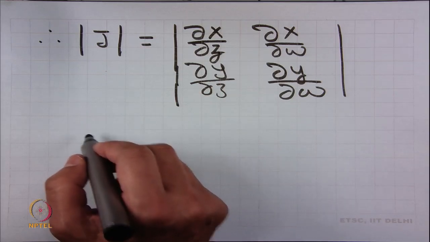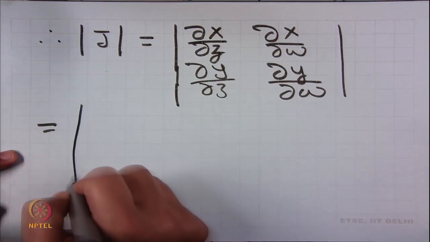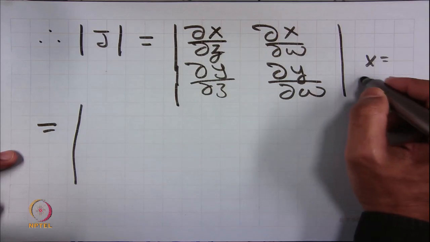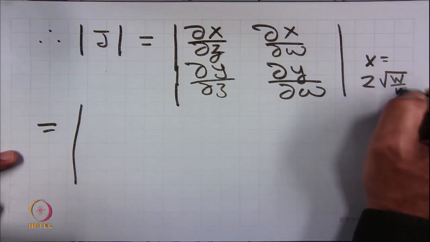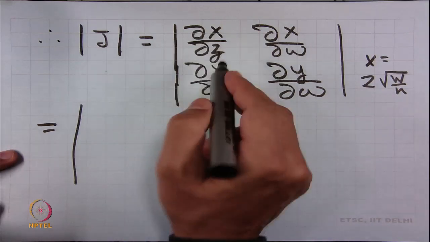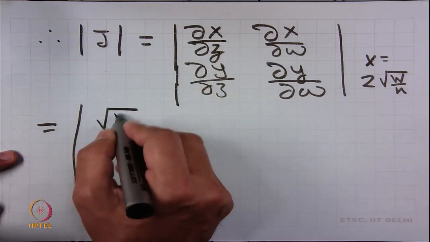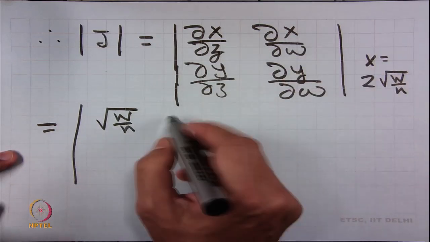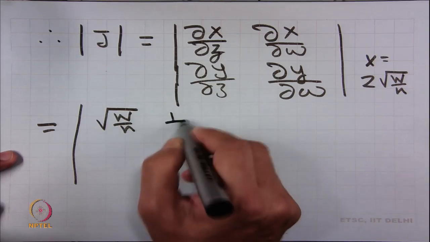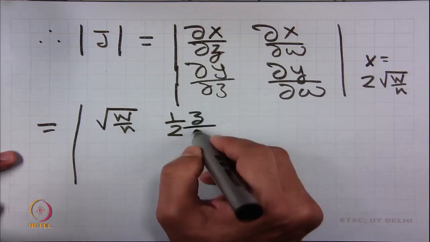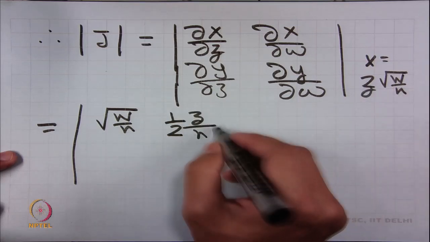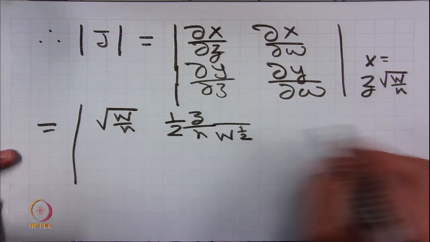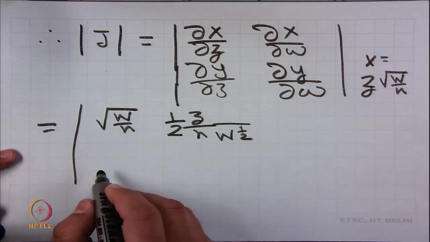Which is equal to, since x is z root over w by n, del x del z is equal to root over w by n, del x del w is half z by n into w to the power minus half.